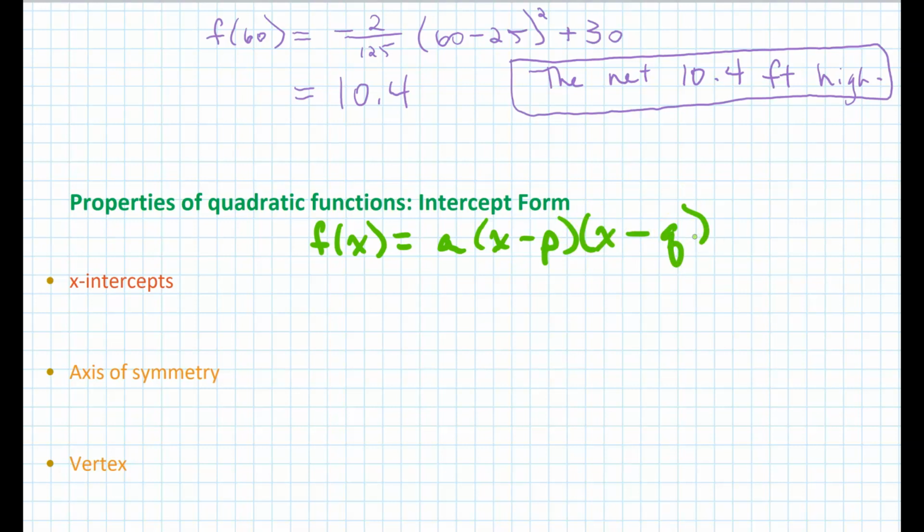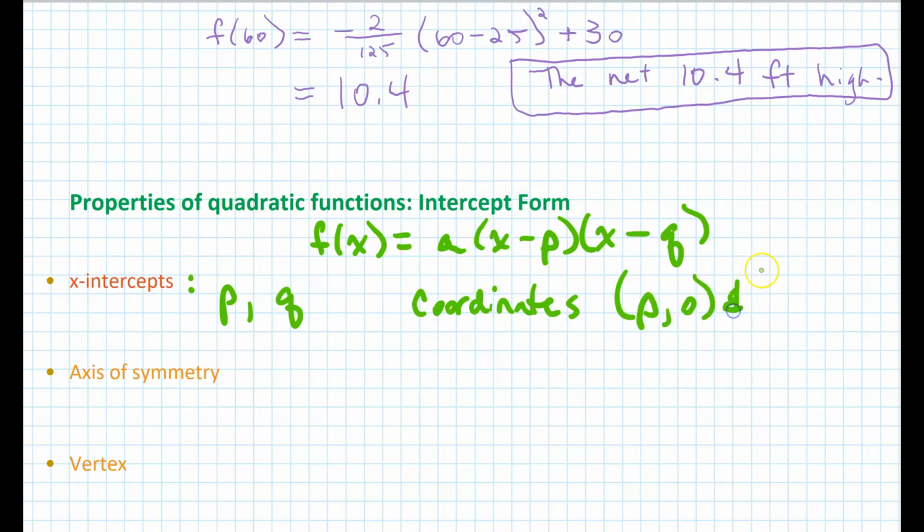All right, so as we said, the intercepts are going to be p and q, or if we write it as coordinates, they would be (p, 0) and (q, 0).